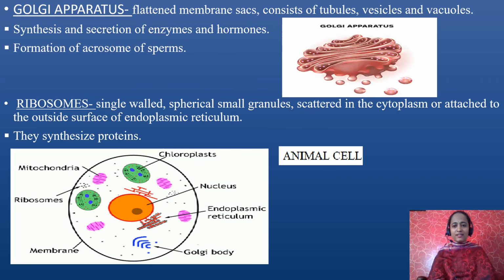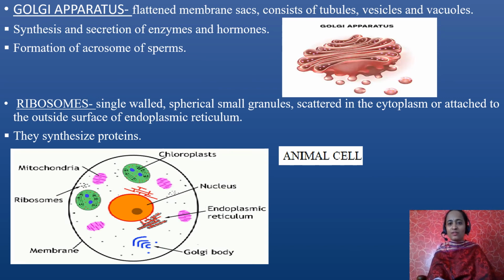Now, let us discuss one more membrane-bound organelle, that is Golgi apparatus or Golgi complex. What is meant by Golgi apparatus? It is flattened membrane sacs. You can see the picture. The Golgi apparatus is very flat in nature. It consists of sacs, tubules, vesicles and vacuoles.